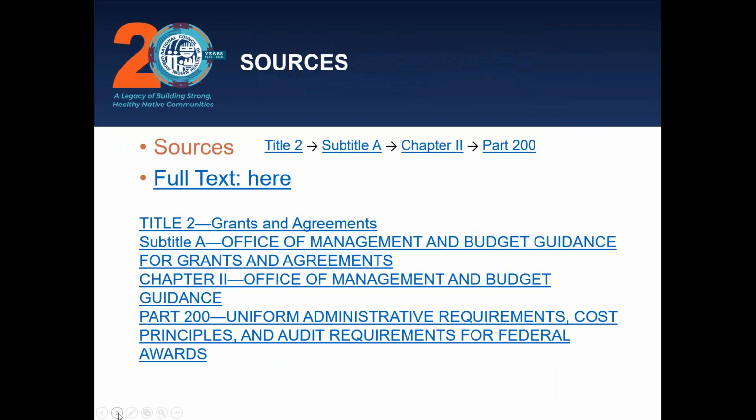Just because we're discussing the budget, I would like to provide you with the sources for three of the elements that I provided you before: the admin requirements, the cost principles, and the audit requirements. They are extensive, they are very dry, and as a program manager or as an ED or as somebody who's working in a nonprofit, you will have to go through a training specifically on this.